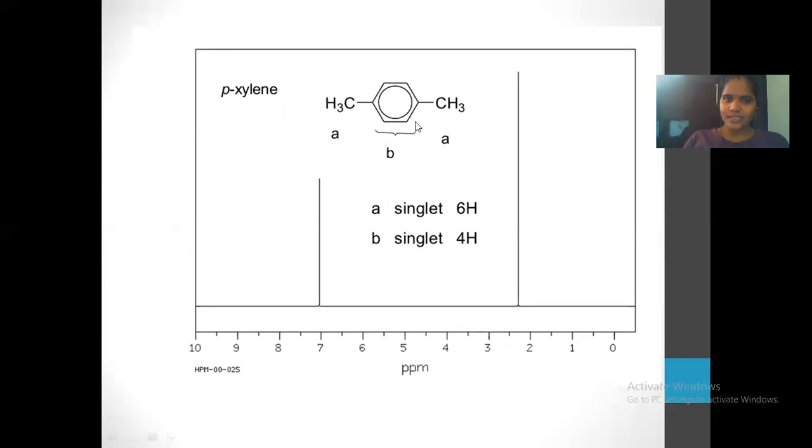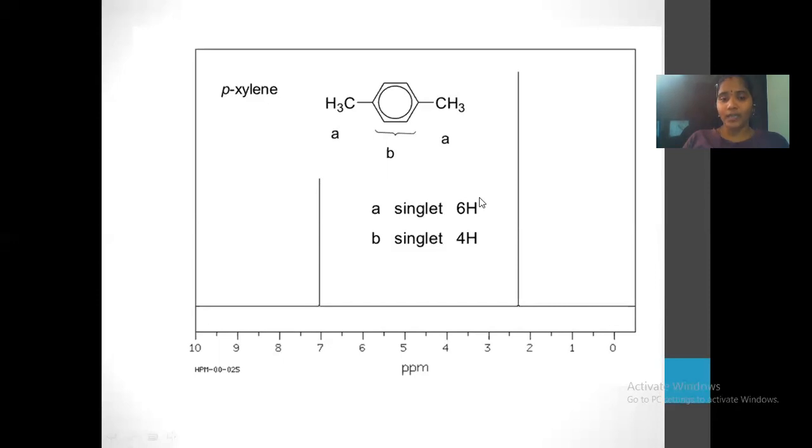If you consider xylene, paraxylene, the benzene ring has 4 protons, and the methyl groups have 6 hydrogens. Both methyl groups have the same environment, so these 6 will give one peak, and the benzene ring with 4 hydrogens will give another peak.